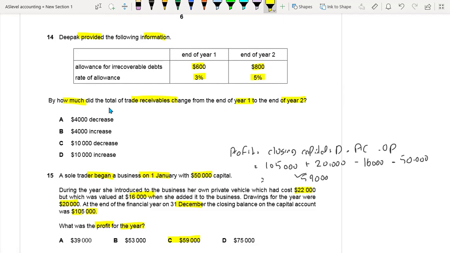Okay. So first of all, we have to find out the receivable for that. So for the year 1, so let's find it out.